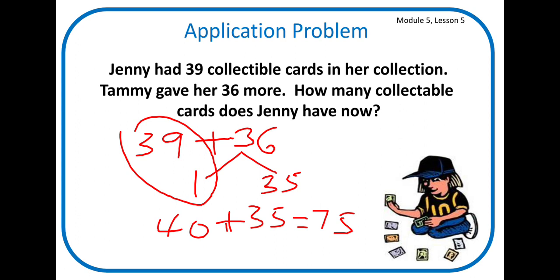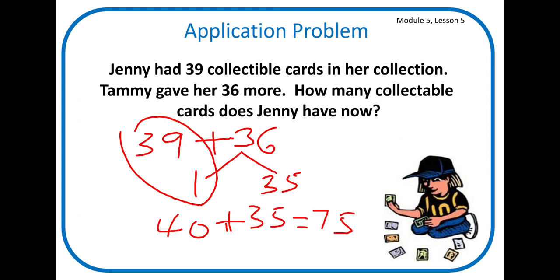We are using a number bond here. 39 plus 36. 39 is close to a multiple of 10, so we have to break the 36 into 1 and 35. Why? Because the 39 needs just 1 to make a complete 10. So we have 40 plus 35.